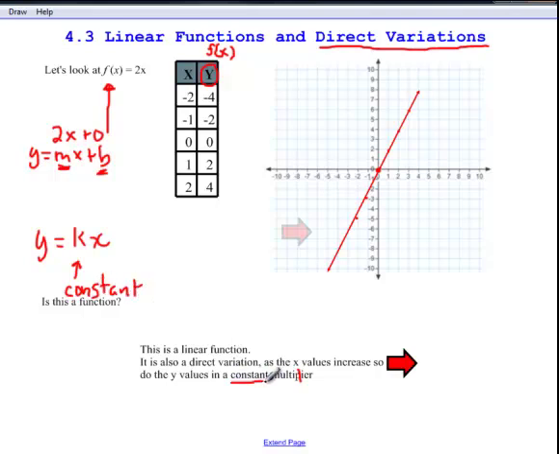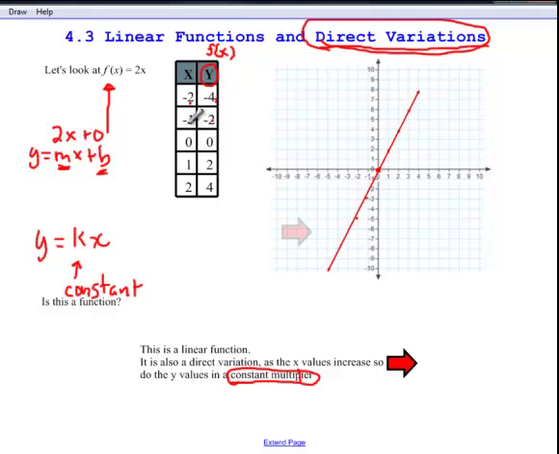It's a number, usually a whole number or a fraction, written in front of the x value. And notice there is no y-intercept. It's got to go through 0, 0 in order for it to be direct variation. So our constant in this case is 2! Yay!